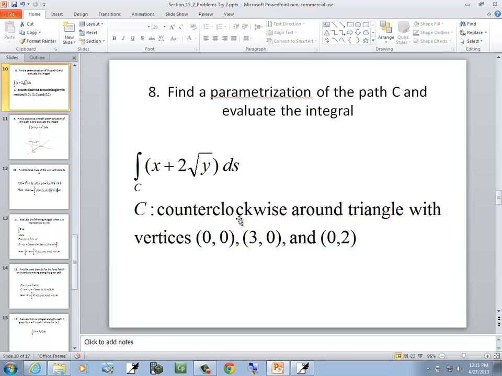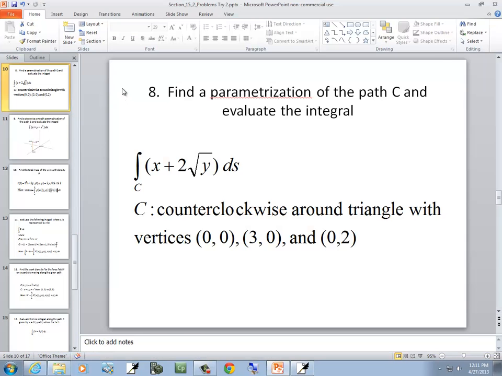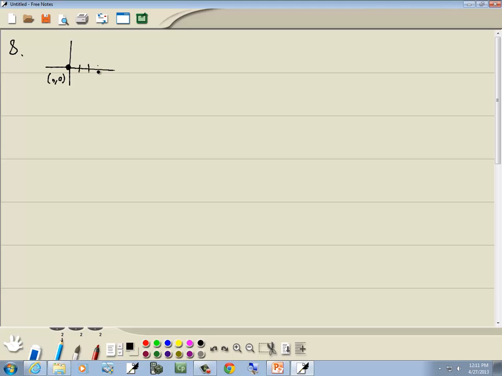First off, the parameterization. So we've got a triangle, vertices (0, 0), (3, 0), and (0, 2).